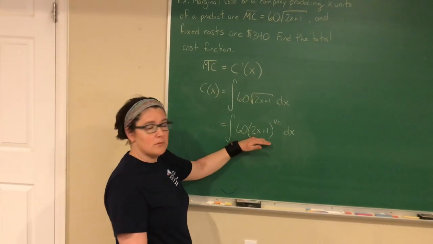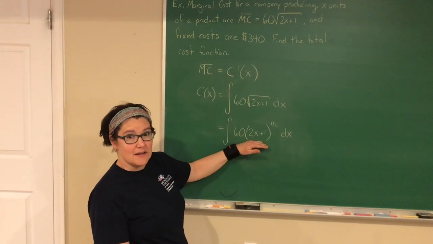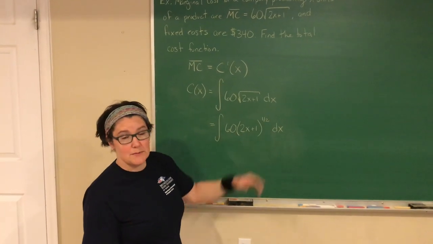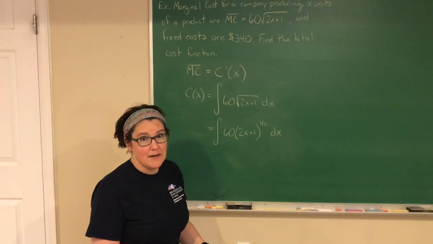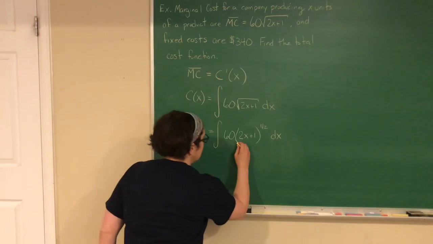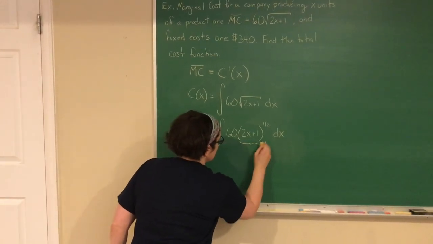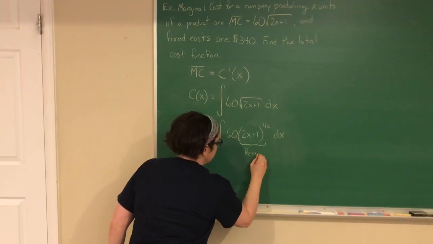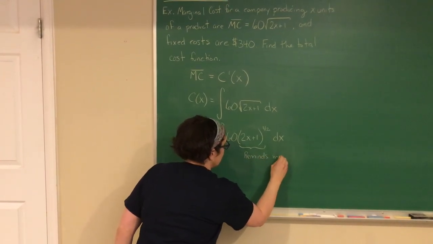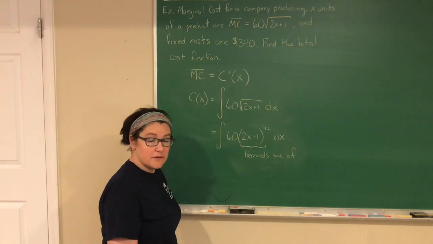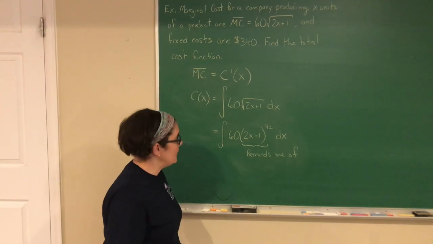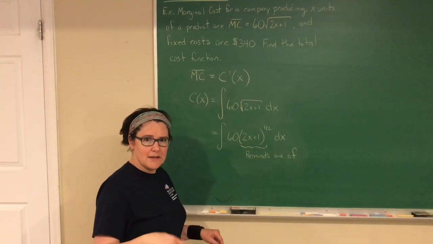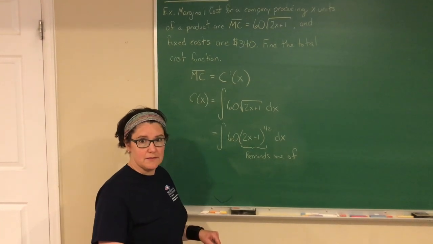Now here, what we have is fancy stuff. This 2x plus 1 is being raised to a power. And this part of our function kind of reminds me of the chain rule, the one that says take the derivative of the outside, keeping the inside the same, times the derivative of the inside.